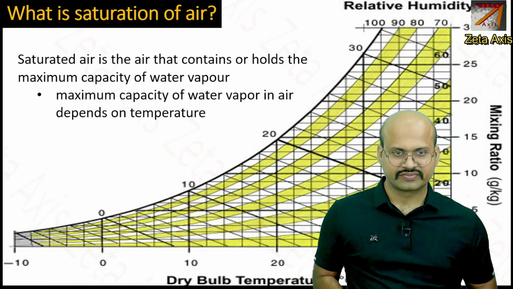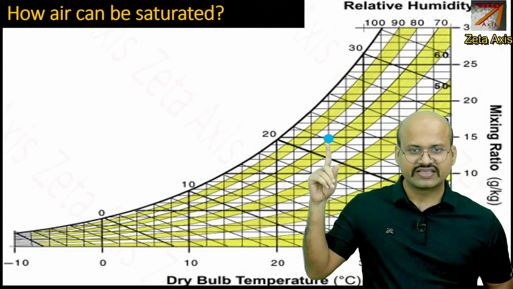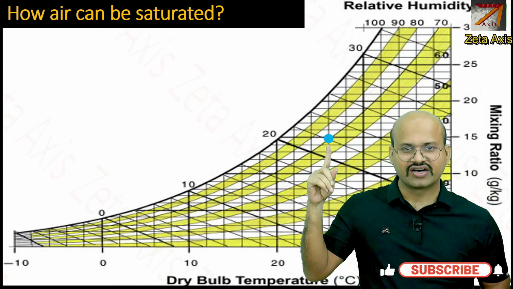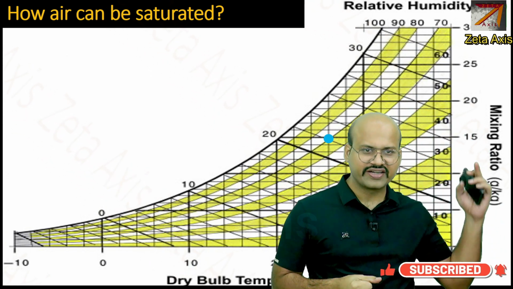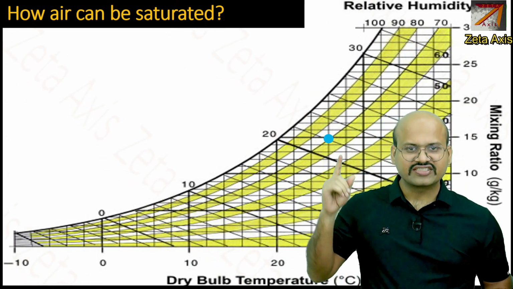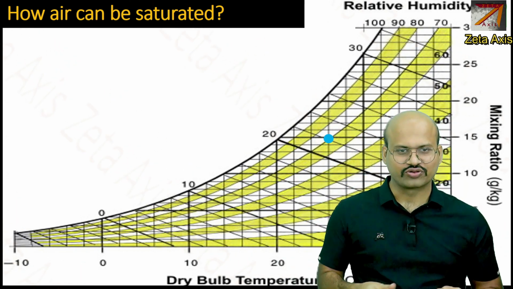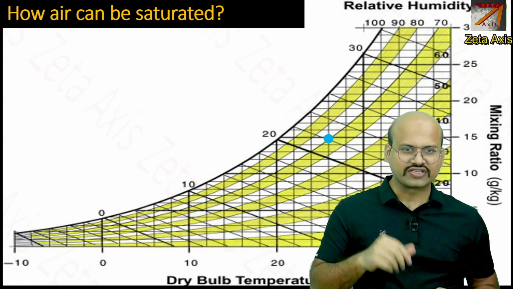But as the temperature increases, we require more moisture to cause condensation. Now to further understand it, let's suppose our air is at this point, that is, the temperature is around 25 degrees Celsius and it has 15 gram per kg. Now for this air to get fully saturated, or the moisture in this air to condense, there are two things which can occur.